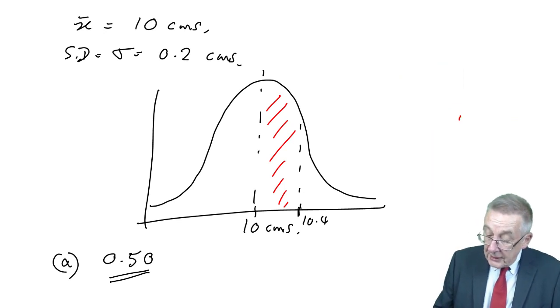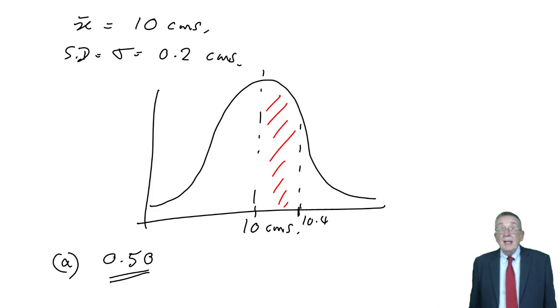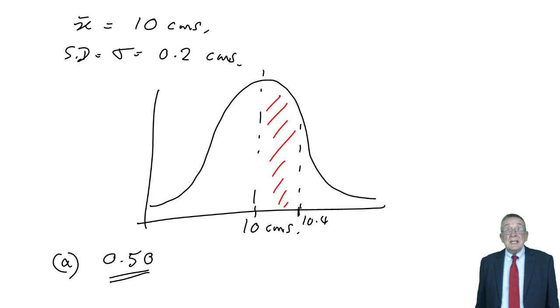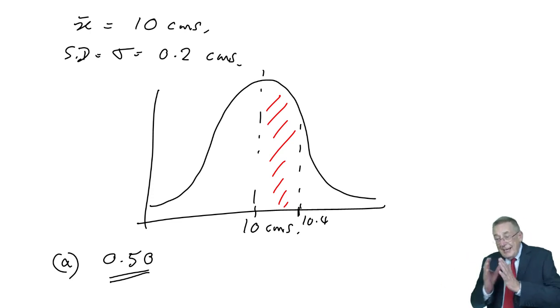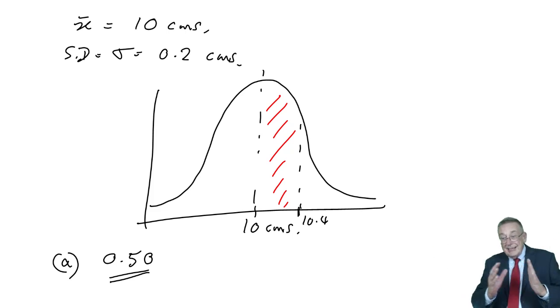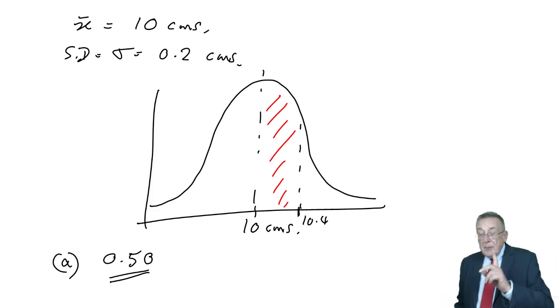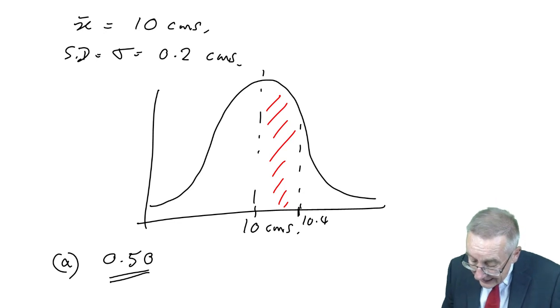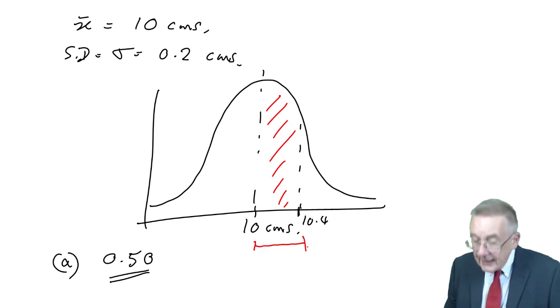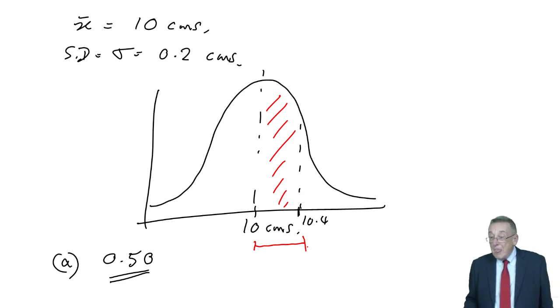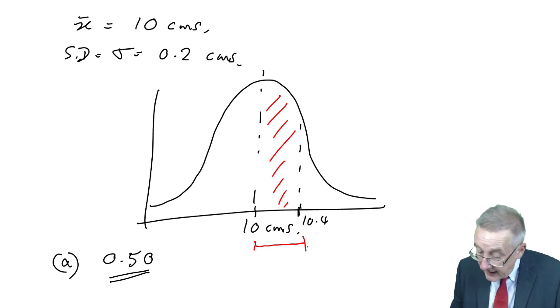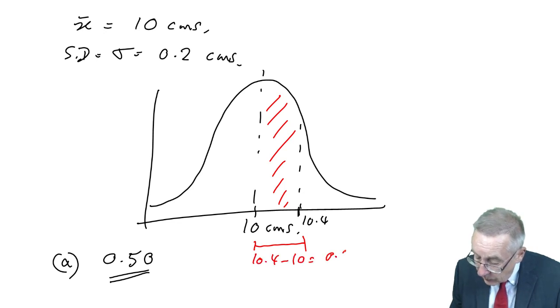Well, to get the proportion for a normal distribution, there are tables which you're given, and I'll show you in a minute, which will tell us the proportion. But because it depends on how big a spread there is, when we use the tables, we look up, and it will tell us for any distance from the mean. So the distance away from the mean, 10.4 minus 10, is 0.4.